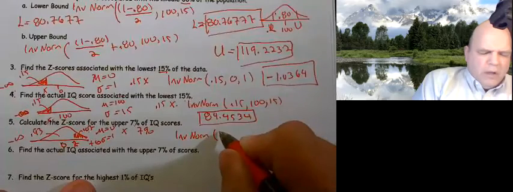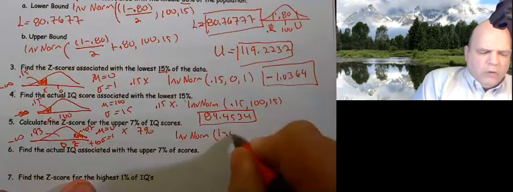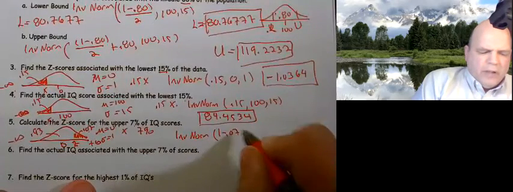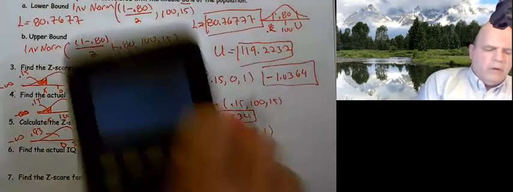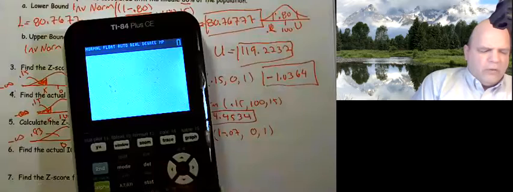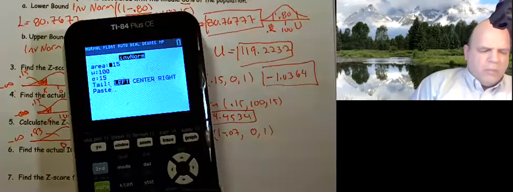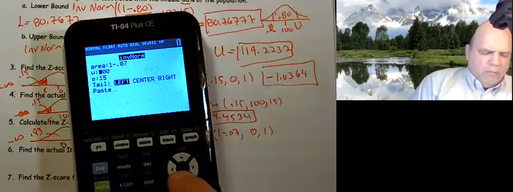And we're going to put in 1 minus 0.07, or just plain old 0.93. That's fine too. Comma, mean is 0, standard deviation of 1. Second vars, inverse norm, 1 minus 0.07, mean is 0, standard deviation of 1.